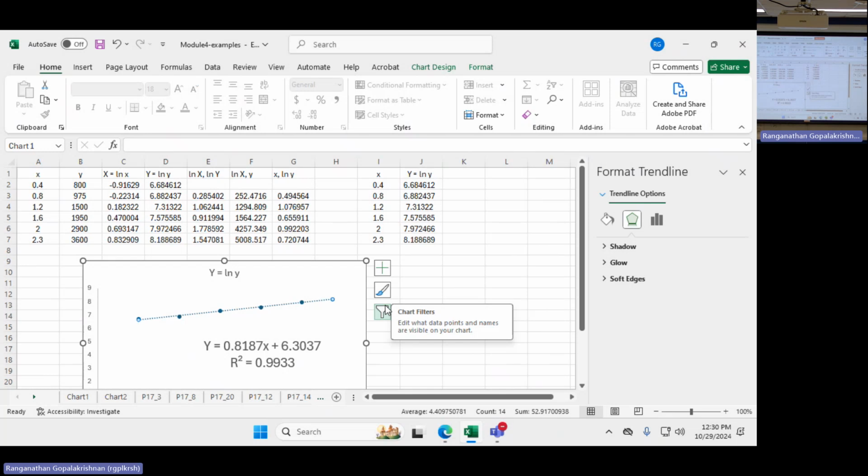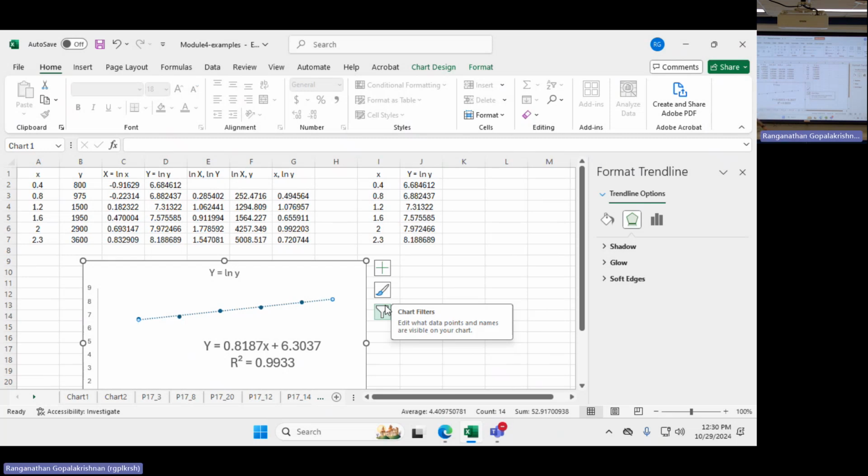How do you rewrite it? What is uppercase Y? It's ln y. So ln y is equal to this, so y equals the exponent of the right side. That's it. That's your final fit equation.